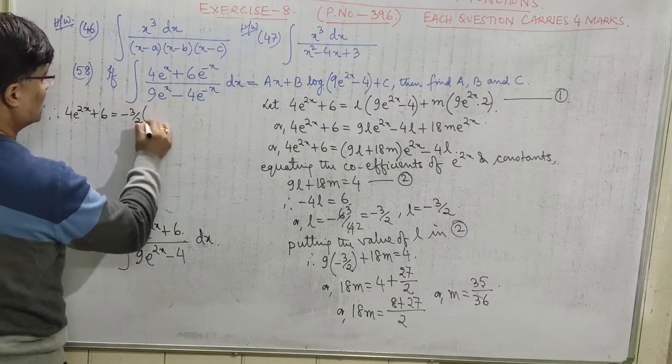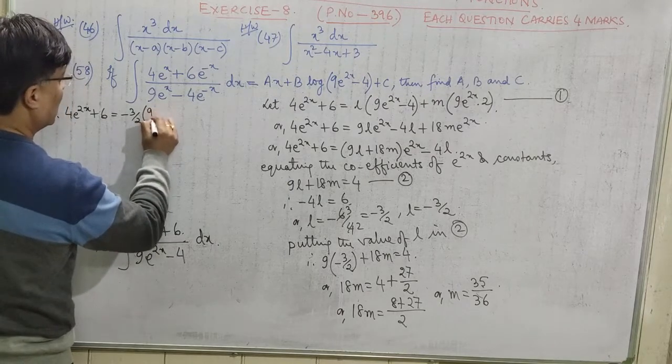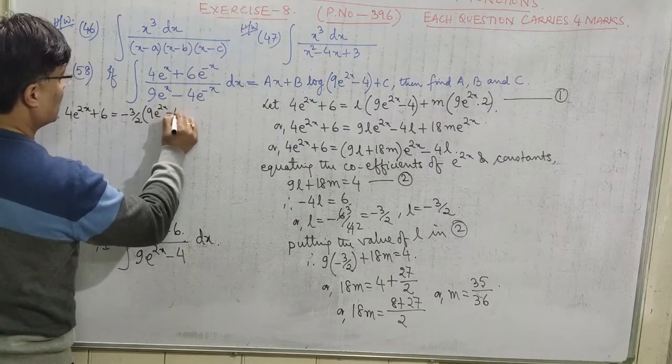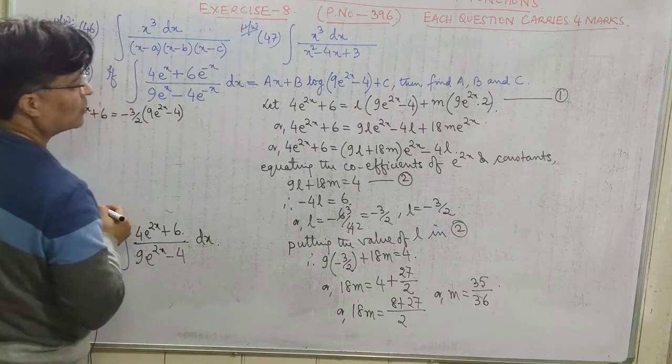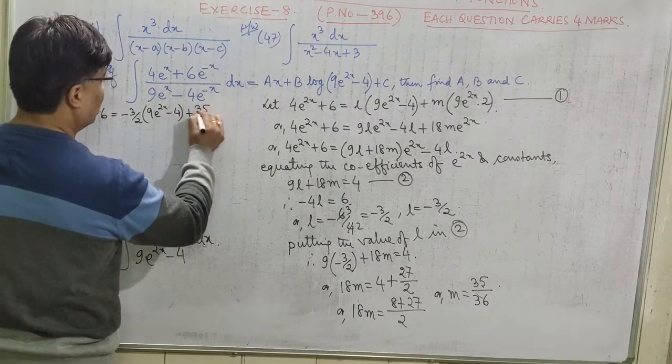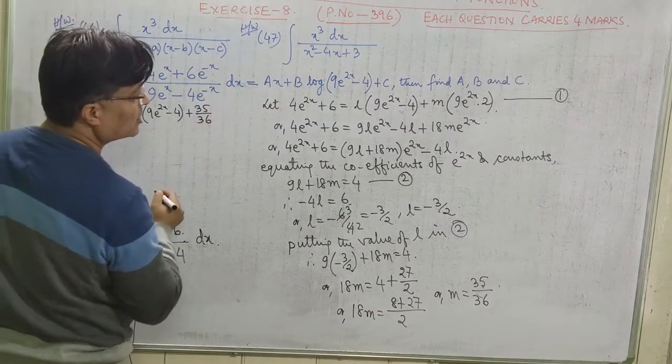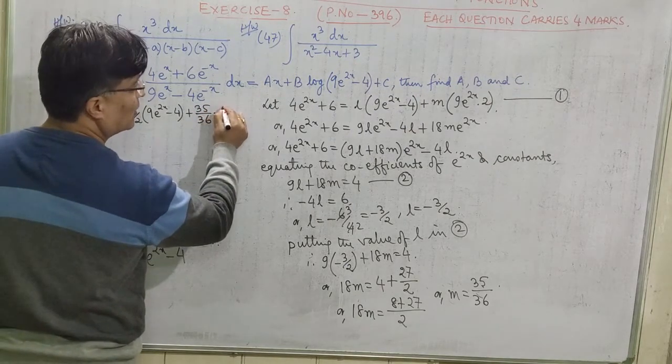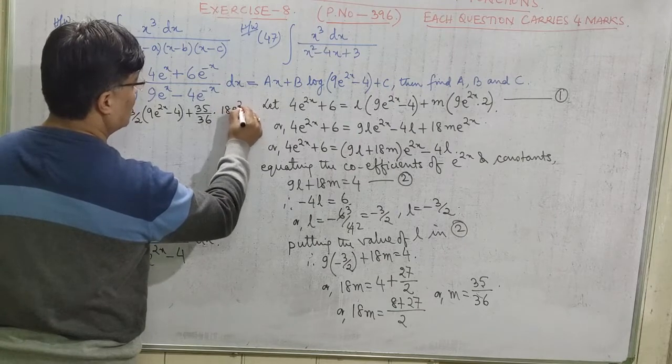Minus 3 by 2 within bracket 9 e to the power 2x minus 4. Then plus M. What is plus M here? Plus 35 by 36 into 9 2s are 18 e to the power 2x.